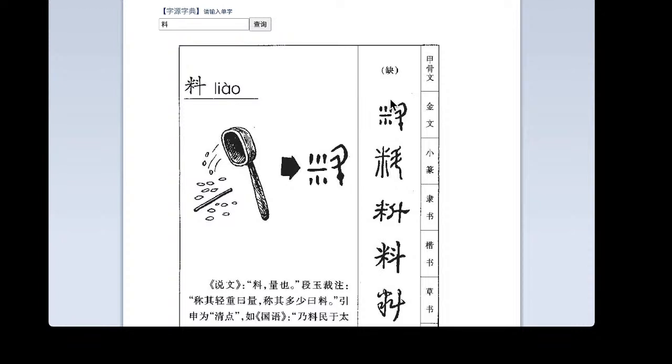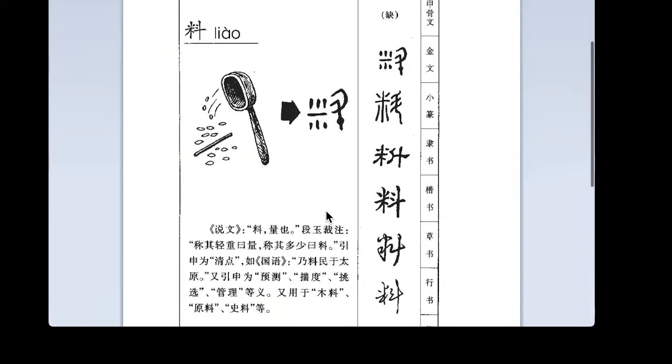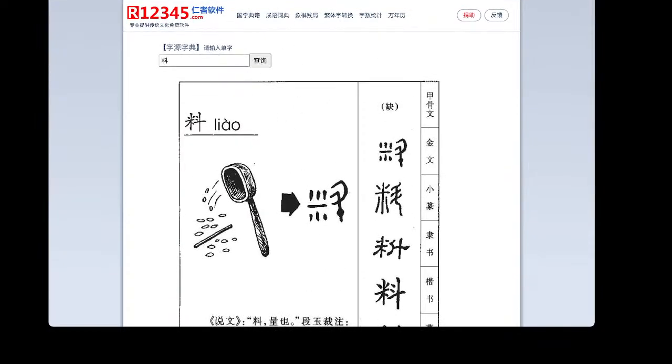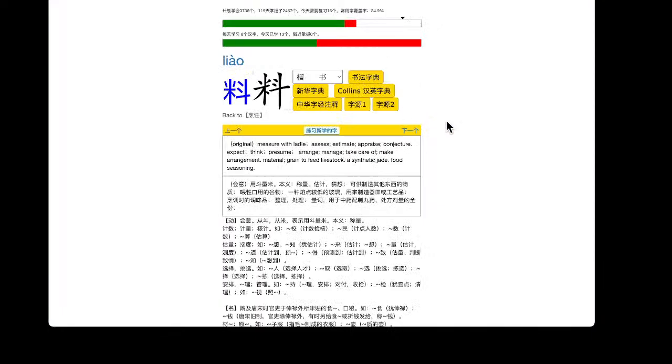And on the right hand side is a ladle. You see that? It's a hand with a ladle. They put this together, rice and ladle, to mean using a ladle to measure rice. So that's the original meaning: measure rice, the amount of rice.